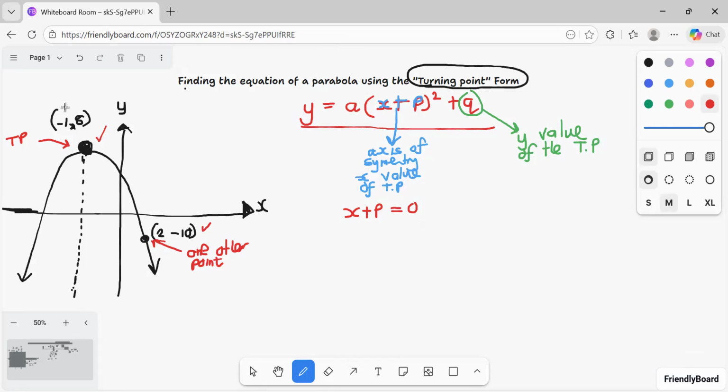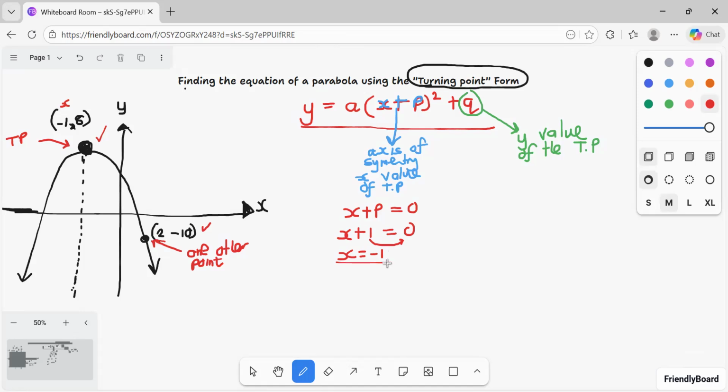So if you look at this here, you can see that the x value of the turning point is -1. So what that means is that the original equation for them to find that x value was x plus 1 is equal to 0. Then they took the 1 to the other side, which gave them x is equal to -1.